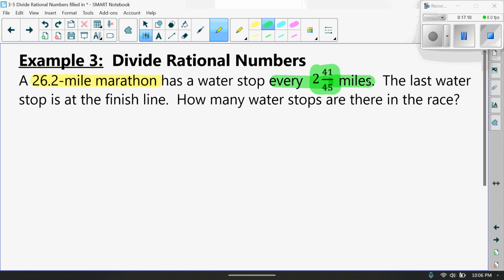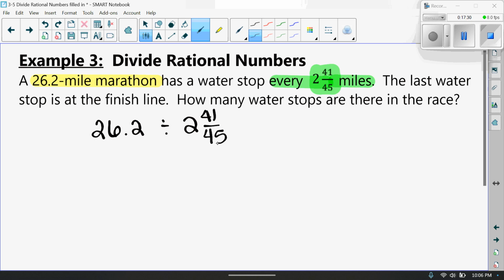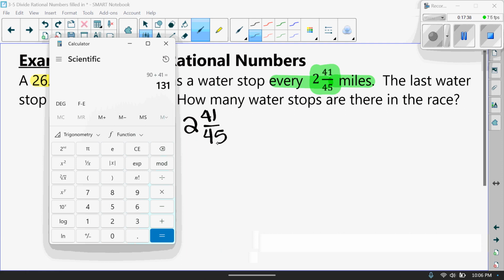So we're going to take the whole thing and we're going to split it up every 2 and 41/45 miles. So that problem is 26.2 miles divided by 2 and 41/45.